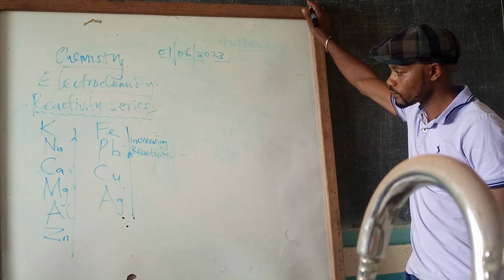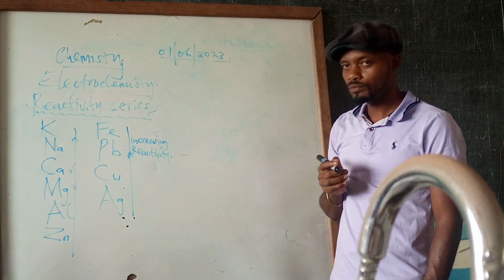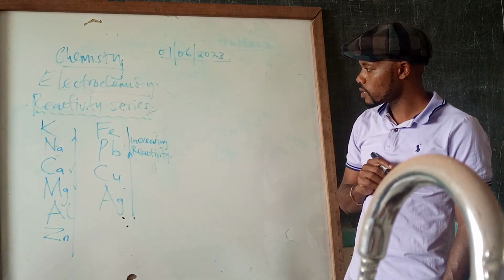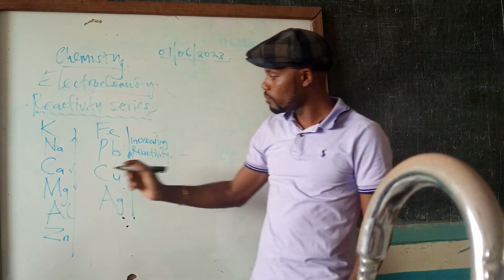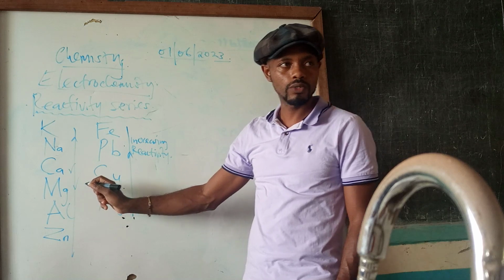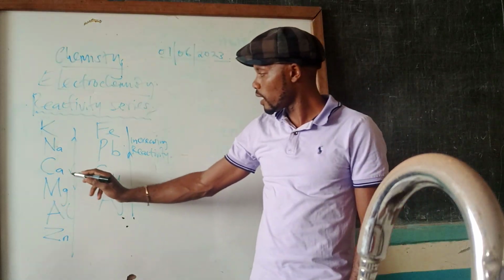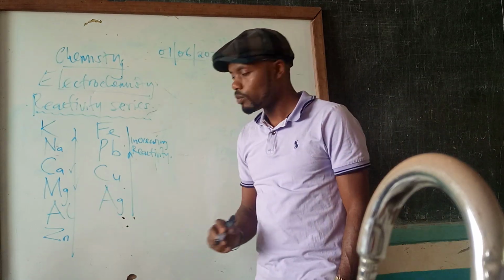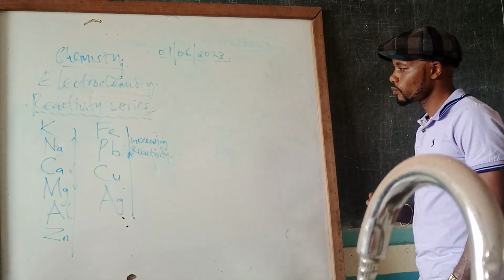Sirere: It can displace magnesium from its solution because it is high in the reactivity series. So Sirere is telling us calcium will displace magnesium from its solution because it is at a higher point in the reactivity series than magnesium, which is good. Give him a clap.